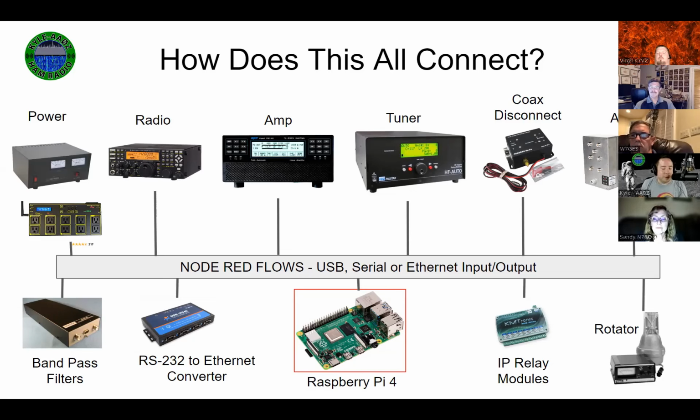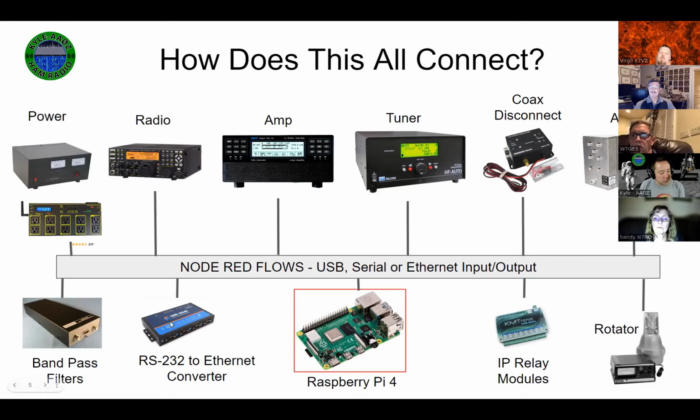But if you need something to disconnect and connect antennas, this thing is awesome. I've got many of them in my contest station, and you apply 12 volts, it connects your antenna. You disconnect, and it disconnects your antenna.